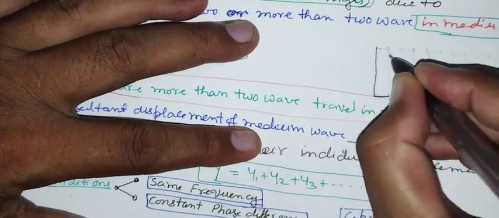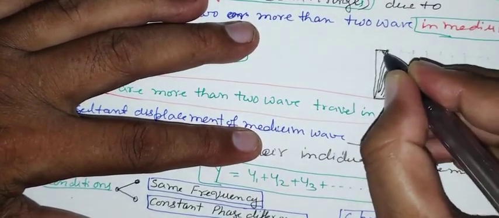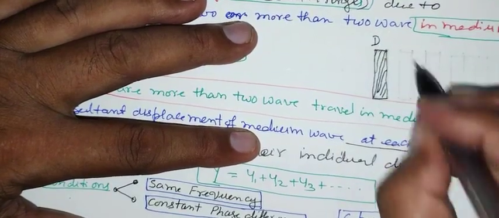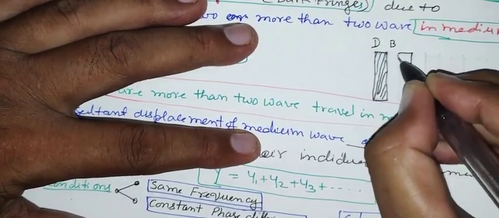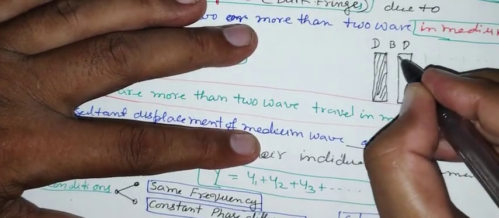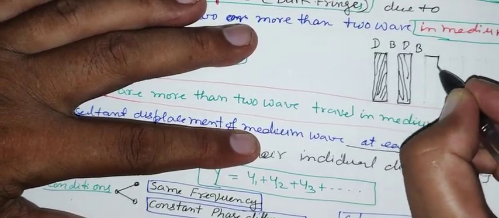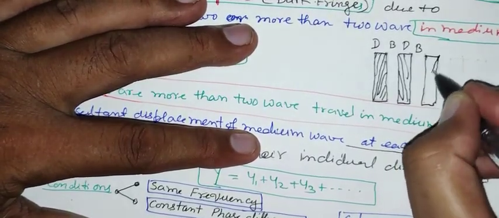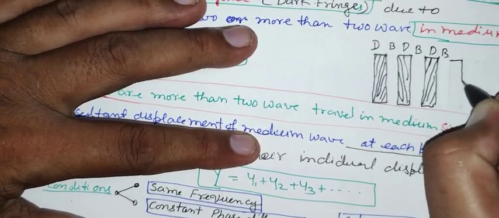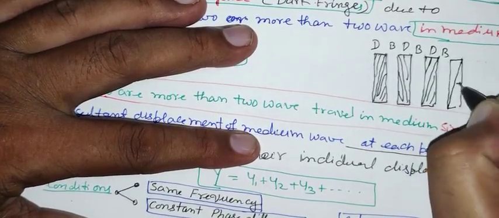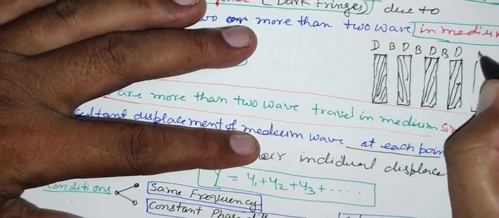Let it be a bright fringe, and suppose it is completely dark, represented by shadow, dark fringe, opposite phase, then bright fringe, then again dark fringe, then again bright fringe, dark fringe, again bright fringe, dark fringe, bright, dark.